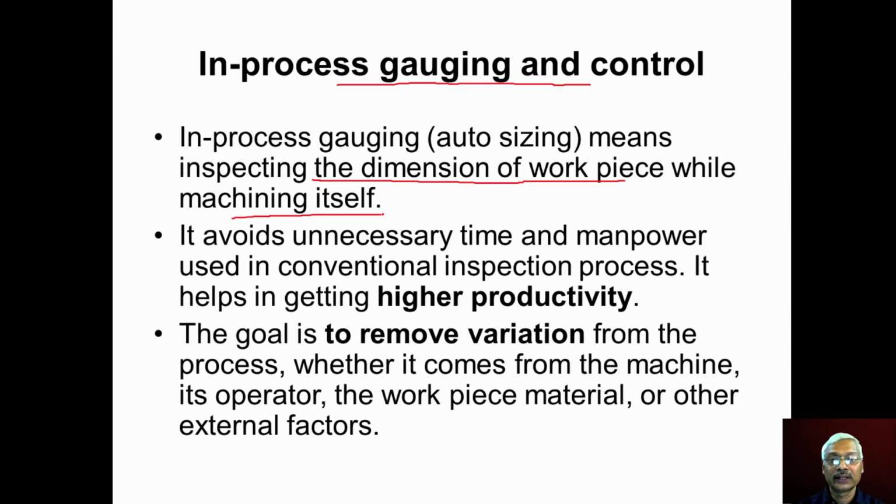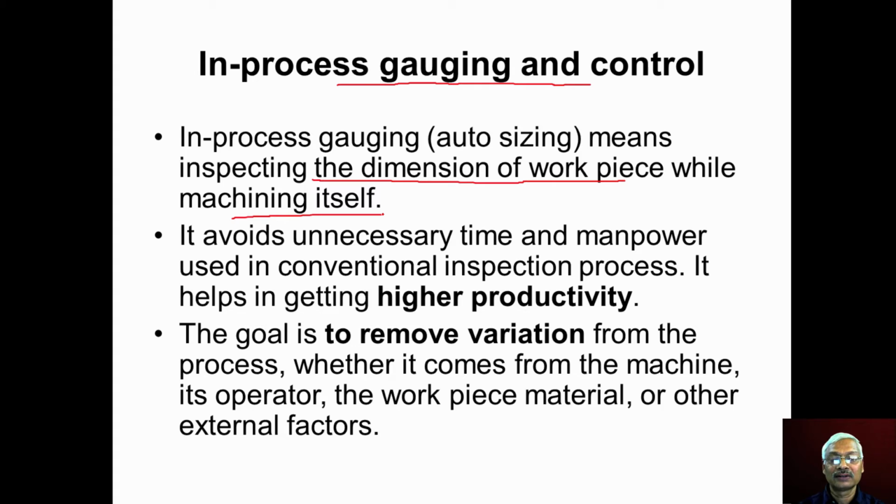That means if you take the example of a turning process, after giving a few cuts, the operator will stop the machine, he will stop the rotation of the workpiece, then he will take the appropriate instrument like a micrometer or vernier caliper, and then he will check what is the diameter that is obtained.